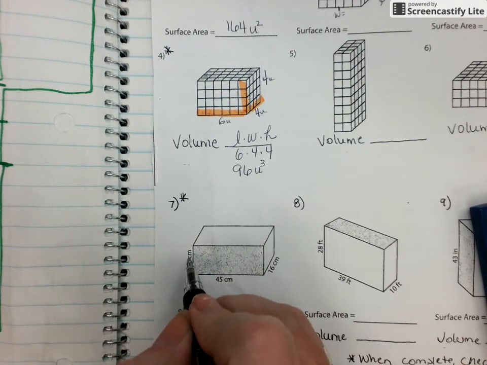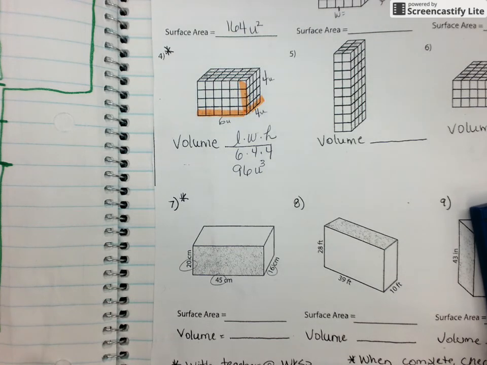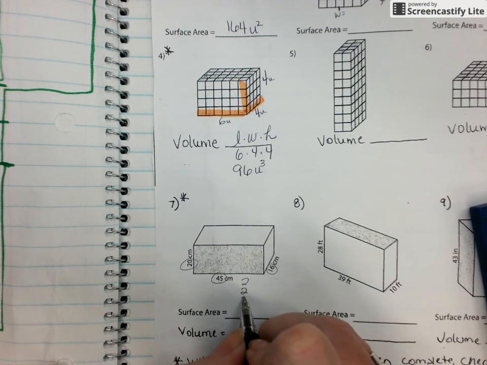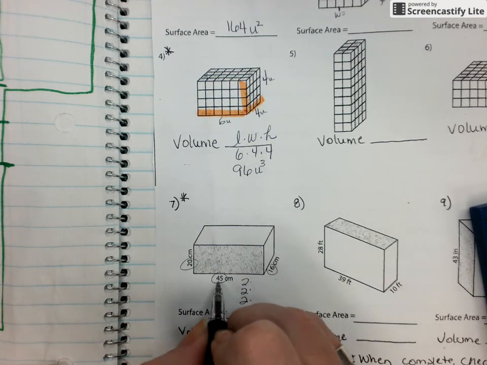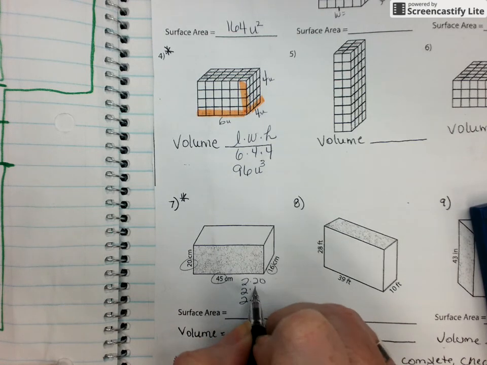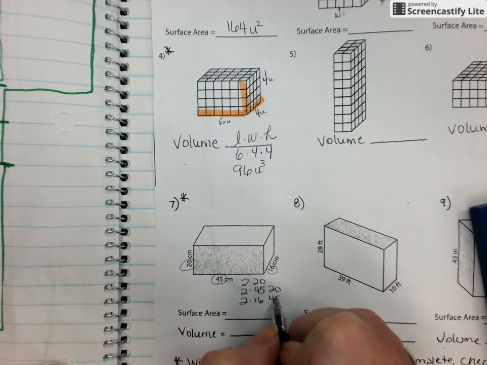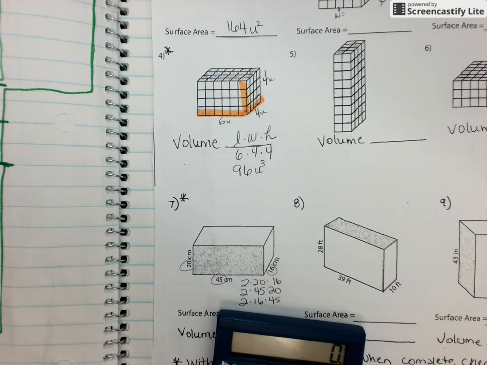My 3 dimensions are 20, 45, and 16. So that tells me my numbers, they're going to be big. So I've got 2 of each of the faces, and I'm going to go 20, 45, 16, 20, 45, 16, and then stair step down, 20, 45, 16, and definitely going to use my calculator.